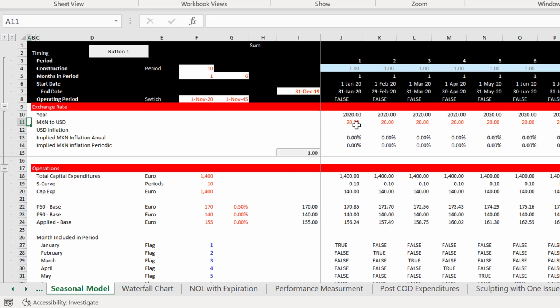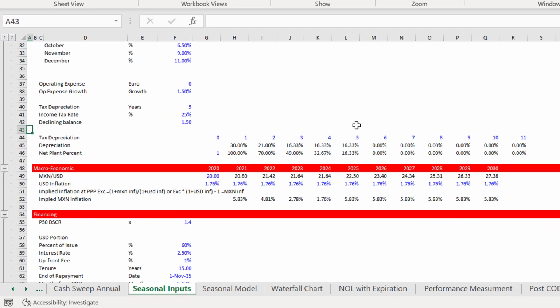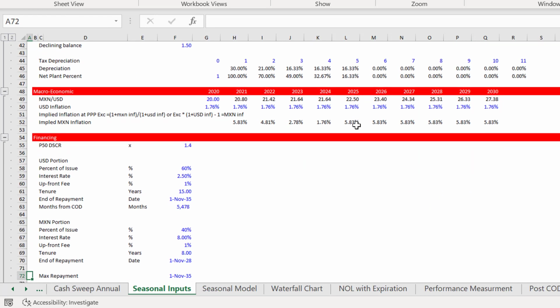Now, here is the bigger problem. The bigger problem is this time we have, I put a regular old DSCR in here, and then we have a USD portion and a peso portion.